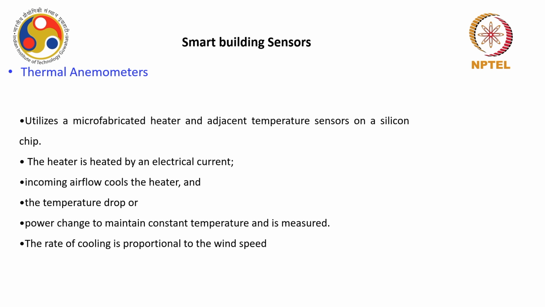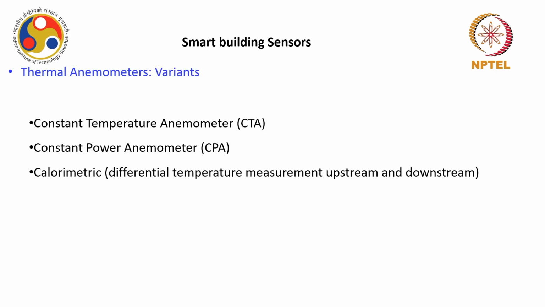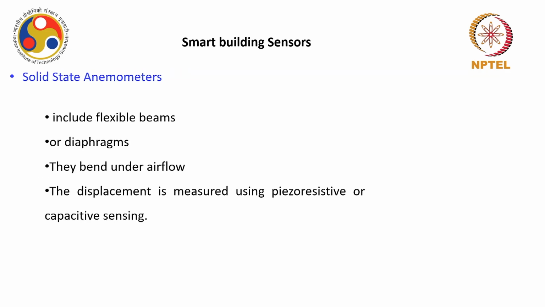The rate of cooling is proportional to of course the wind speed. So, there are various variants of these thermal anemometers, like constant temperature anemometers, constant power anemometers, and the calorimetric devices, which work on the differential temperature measurement in the upstream and the downstream.